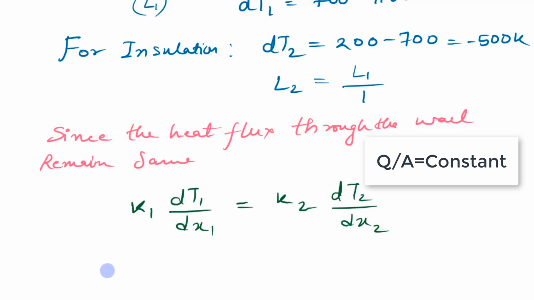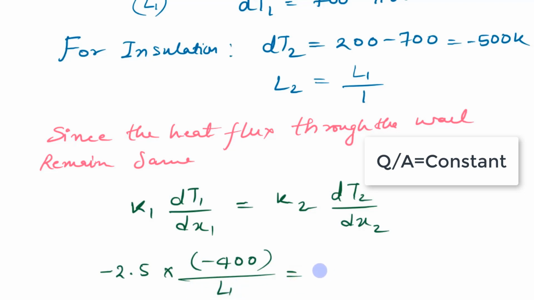Now the K1 value is already mentioned in the problem, that is 2.5, into dT1, which we have calculated, minus 400, and the thickness of the brick wall, which is not actually given in the problem, but we have supposed it to be L1.